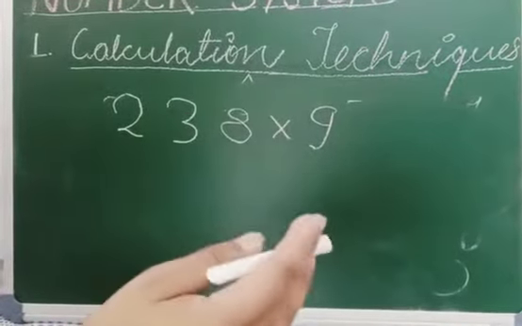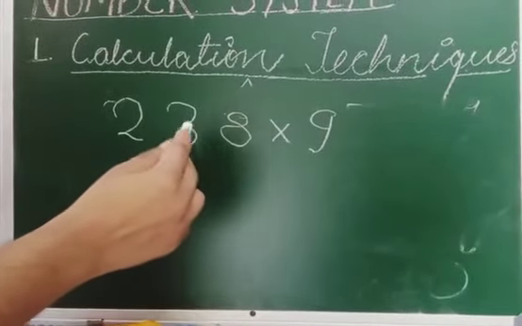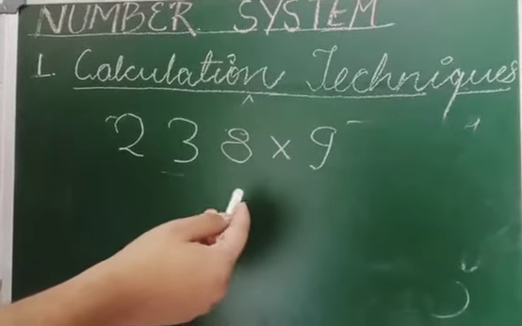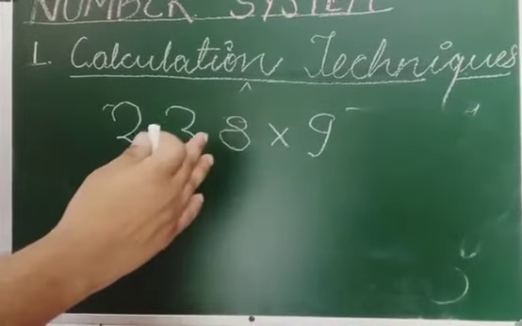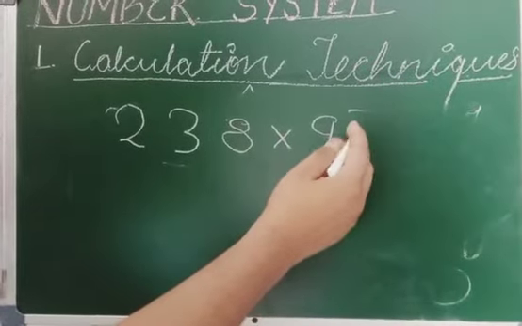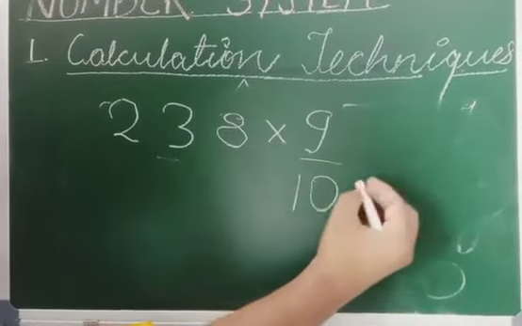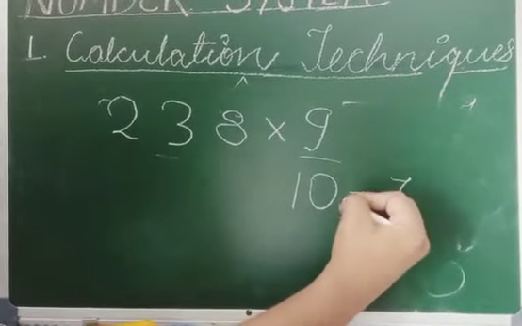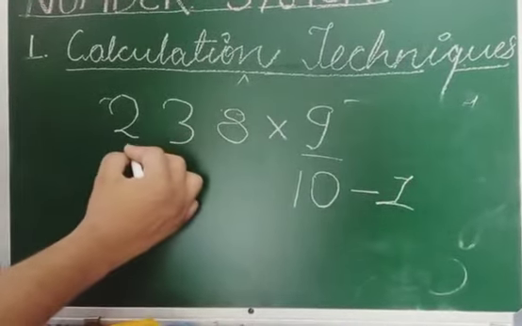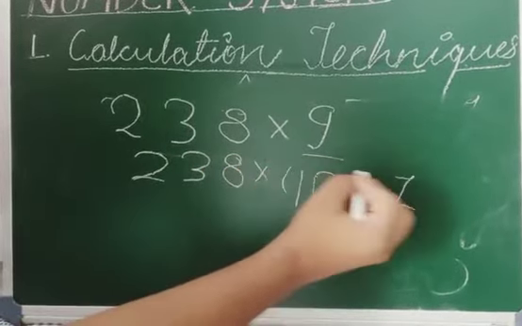What we have to do is multiply the given number by 10 and then subtract the given number from the resultant number. See, there is 9, so we can write 9 as 10 minus 1. 10 minus 1, we will get 9, and we will multiply 238 with 9.